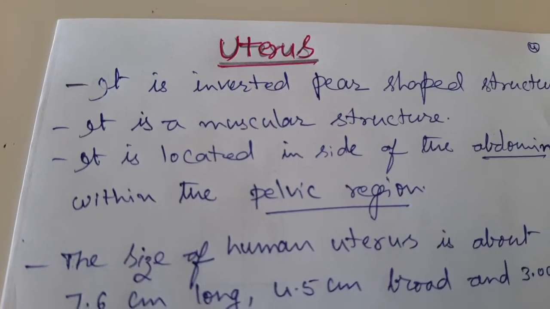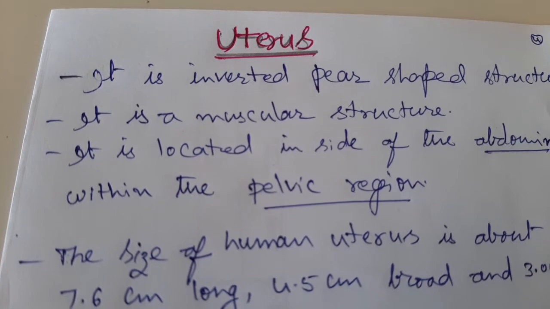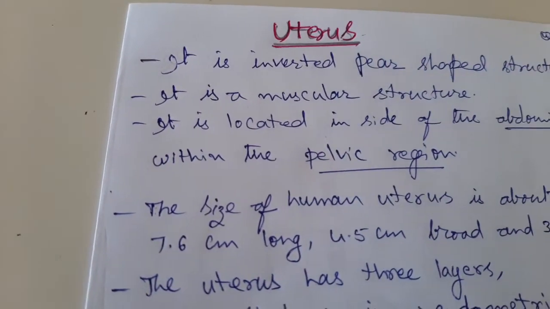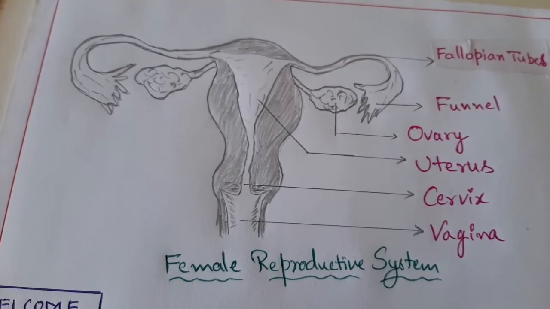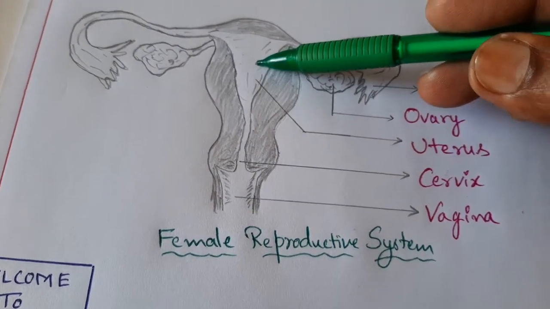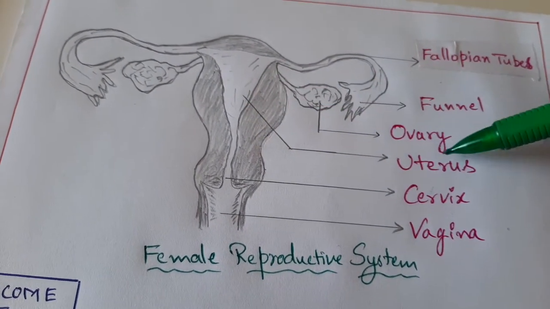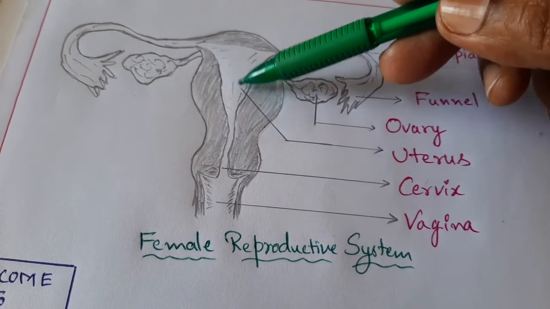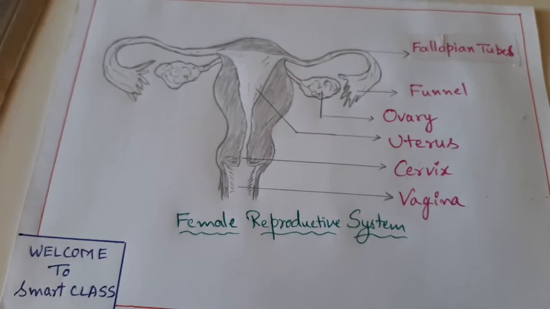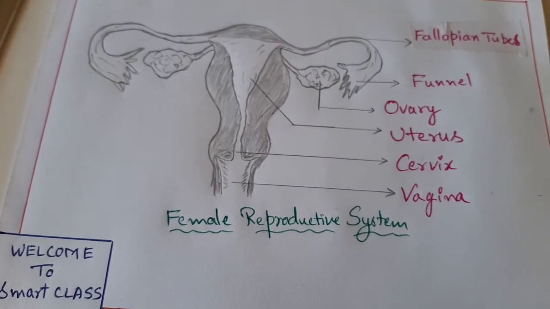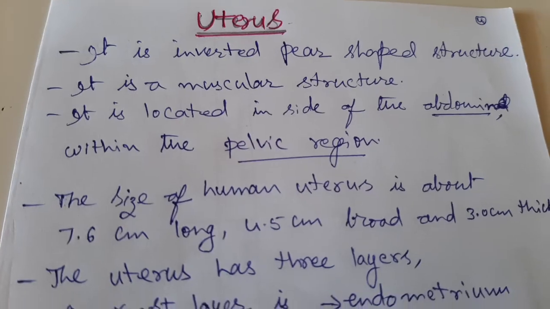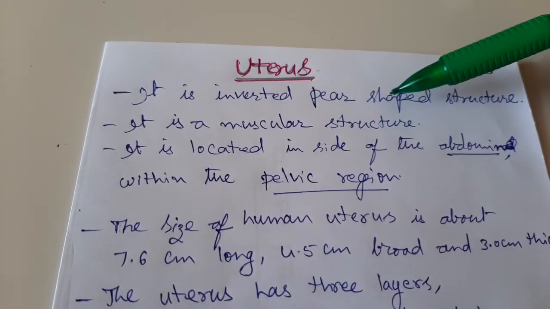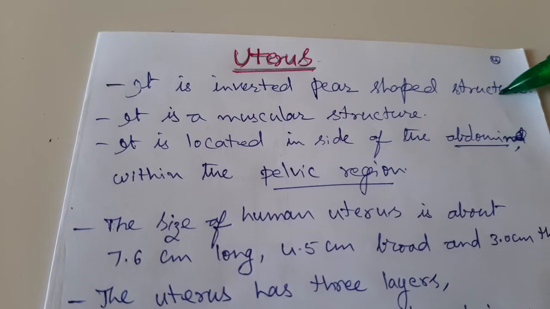Now students, let us know about another important part, that is uterus. Students observe this diagram. This wide part, it is called uterus. So let us know about uterus. The shape, it is inverted pear-shaped structure.